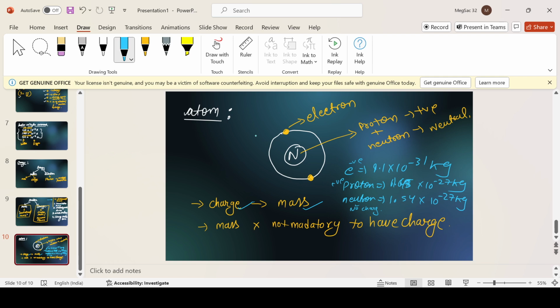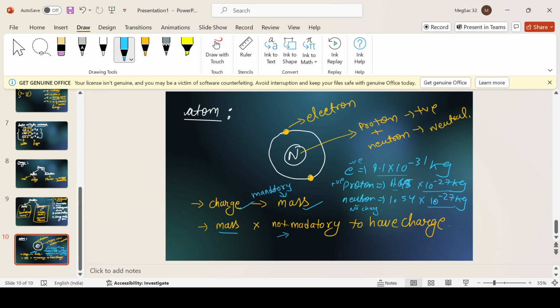Now, when you come to the atom, in the atom you find proton and neutron, and an electron orbiting around. So what I said: if there is any body which has charge, then it is mandatory to have mass. But if a body has mass, it's not mandatory to have charge. For example, the electron has negative charge and the proton has positive charge, so they have mass also, like 9.1 and 1.67 × 10 to the power minus 27 kg.